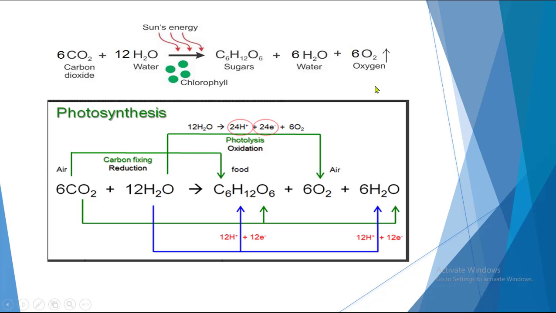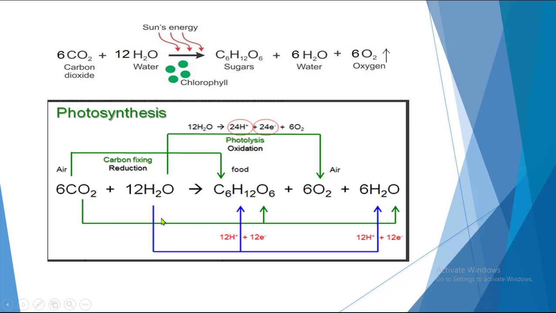That's why the net production of energy in photosynthesis is 0, because the ATP and NADPH synthesized in the light reactions are utilized in the dark reactions. So we don't mention ATP and NADPH in the reactants.